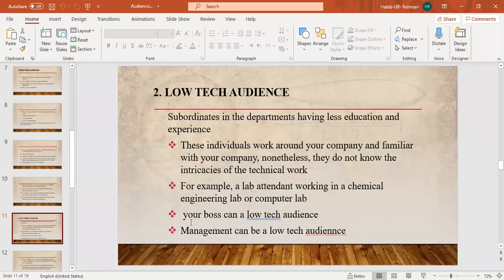All right, so there is another example: your boss can be a low-tech audience. For example, sometimes bosses are not technical people. They are managers. They manage the affairs of an organization, but they do not know the details of what is actually going on and how you develop software, or what artificial intelligence is and how it works.